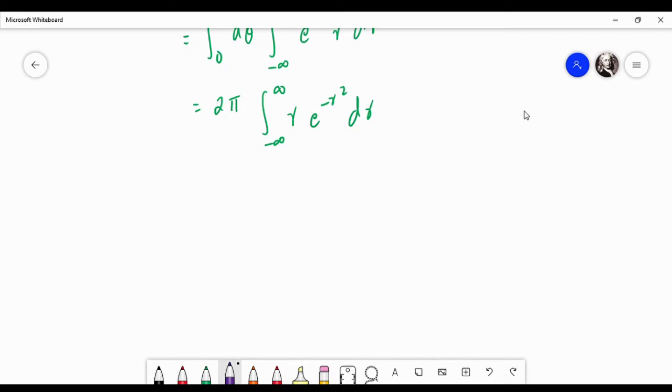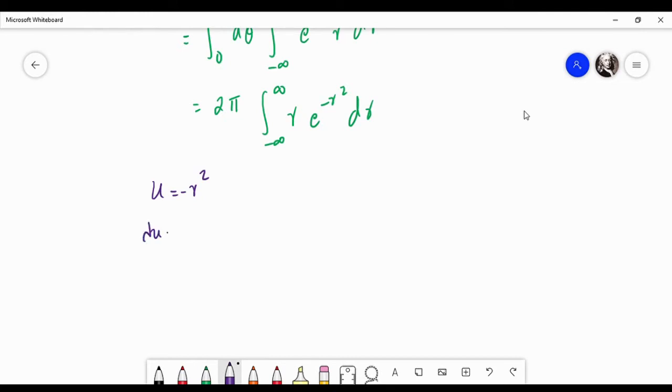Now all we have to do is substitute, and after substituting, we can simplify it to find the integral. Let u equal minus r squared.